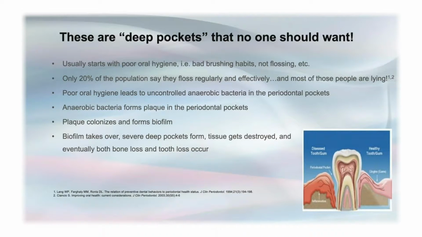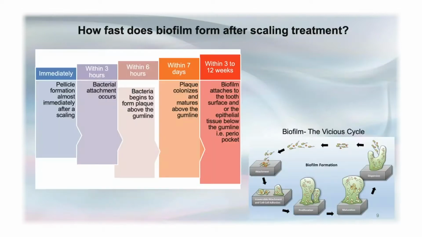Your tissue's destroyed, you eventually have bone loss and tooth loss, and everything's destroyed, and it's hard to build it back up, especially if you're trying to, like I place implants in my practice. So when you try to place implants, there's no bone. So it's just a road to destruction if we don't educate our patients and let them know what we need and what we expect and what they can do through home care and through in-office care that we provide.